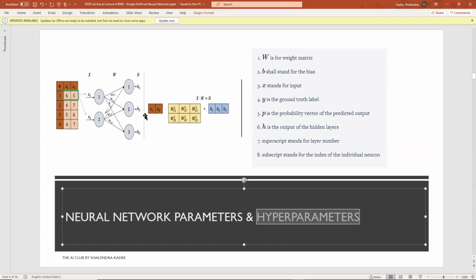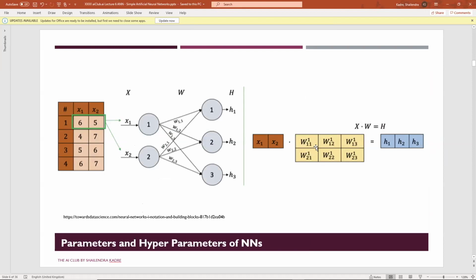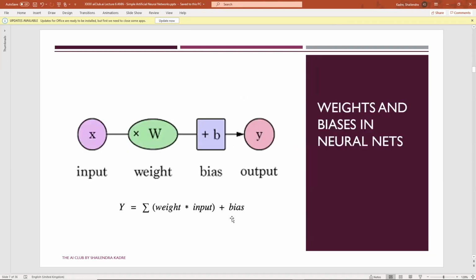in neural networks, all the weights and biases we see here, weights W and biases B, are nothing but the parameters of the model, which we get by training the model with the help of input data.